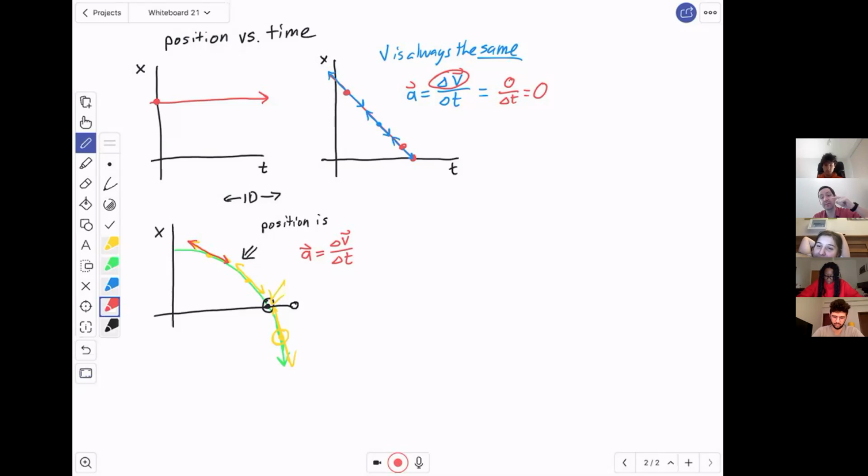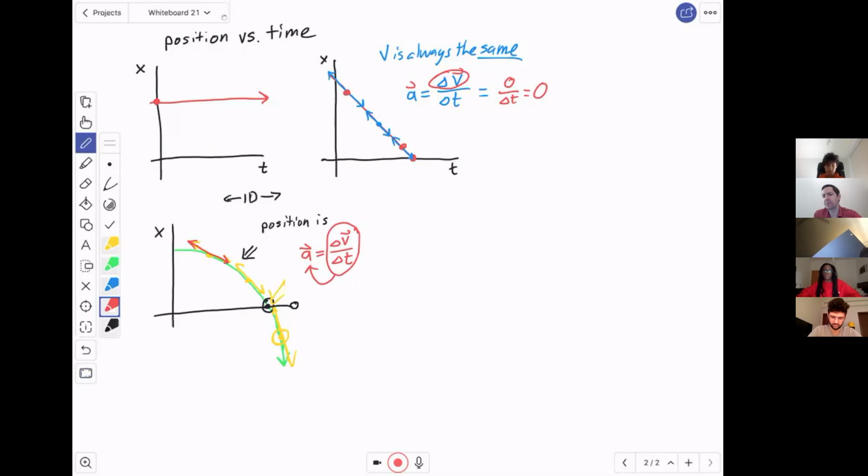The only way that the velocity can keep getting more and more negative is if the change is negative, which means the acceleration is negative. Now, without doing some calculations, we can't find out if it's a constant acceleration or not. What we do know is that the acceleration is negative and that it is throughout, okay?